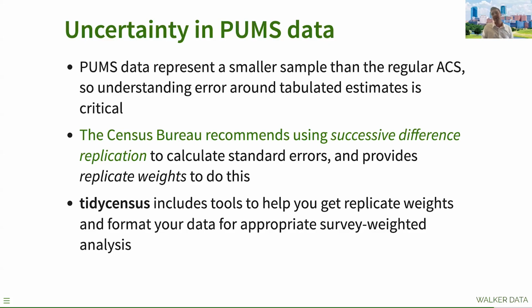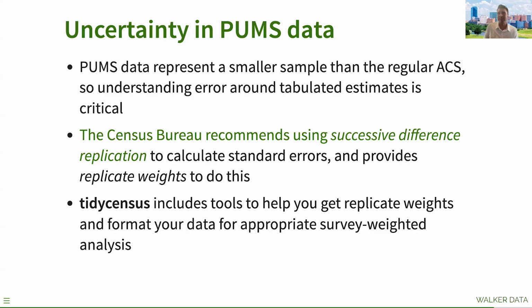I'm not going to get into the mathematical weeds of this, but for the replicate weights, there are 80 additional weights that represent some other hypothetical weights that could exist for the given individual in the record. And so you can use all of those weights to calculate standard errors and then margins of error around your tabulated estimates with your PUMS data.